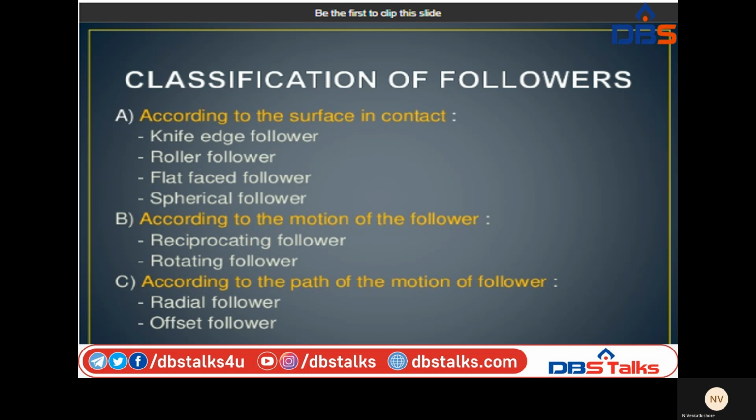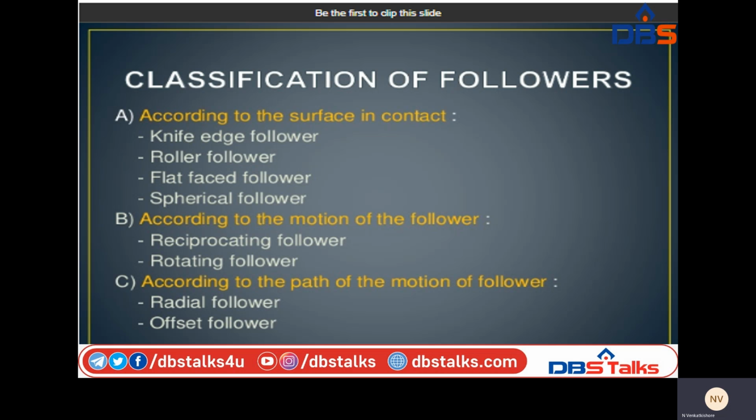Then, coming to the classification of followers, we have three different varieties. On three bases we have classified the followers. One is according to the surface in contact, that is, the surface of contact between the cam and the follower.